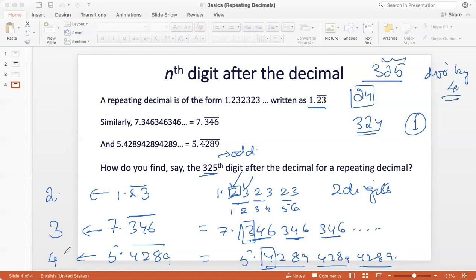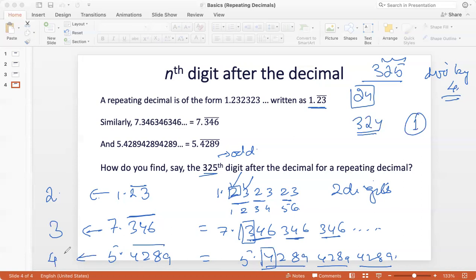So the basic idea of solving for the nth digit after the decimal for any repeating decimal is to see the repetition pattern, if it happens after 2 digits, 3 digits, 4 digits, whatever. And then whatever digit after the decimal you have to find, you check the divisibility by that repetition pattern, right?